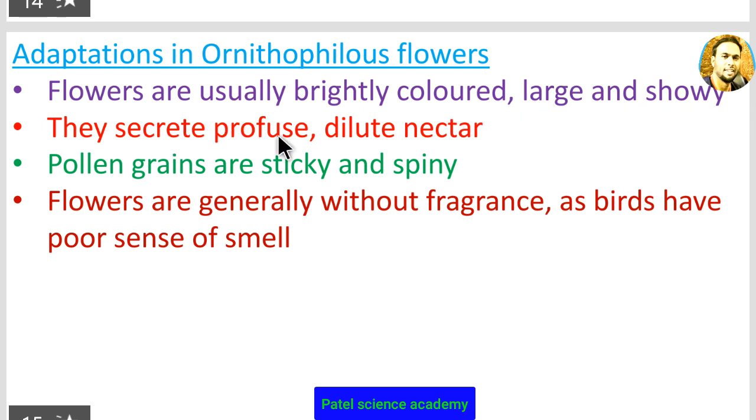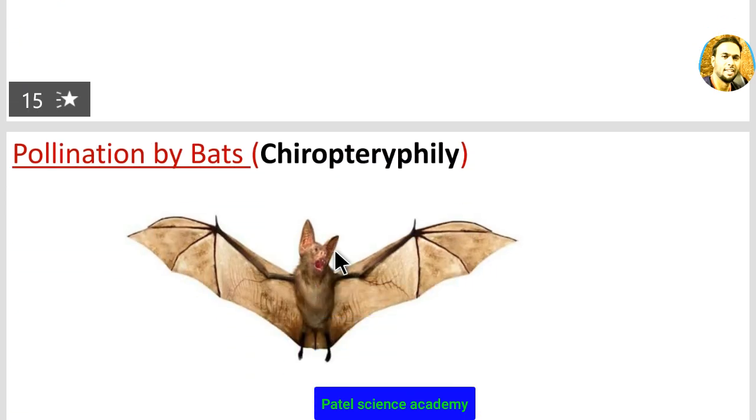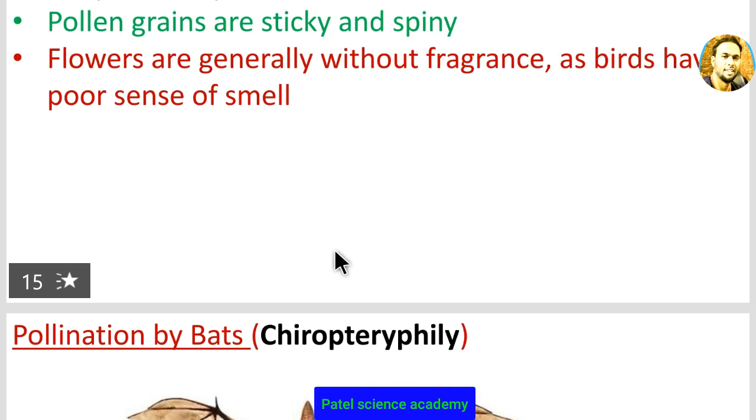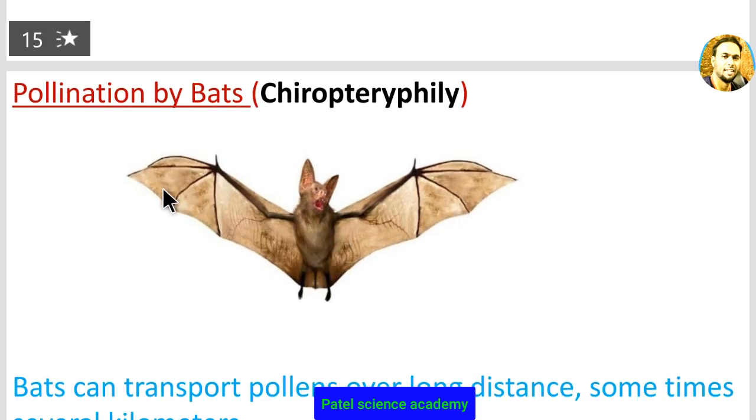They secrete profuse and dilute nectar, and pollen grains are sticky and spiny, and flowers are generally without fragrance, as birds have poor sense of smell. That's why there is no fragrance in this type of ornithophilous flowers.